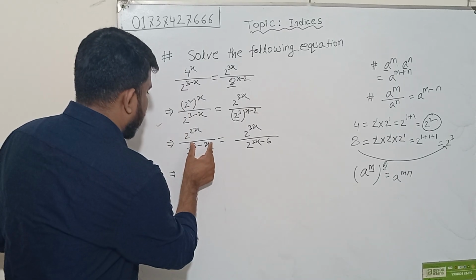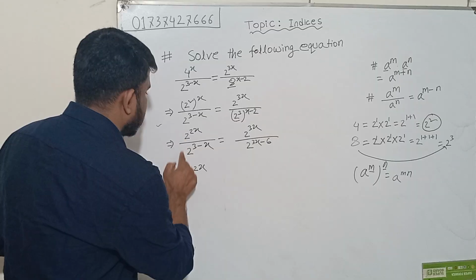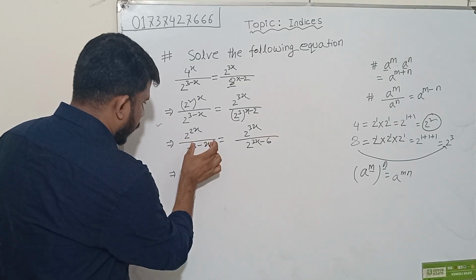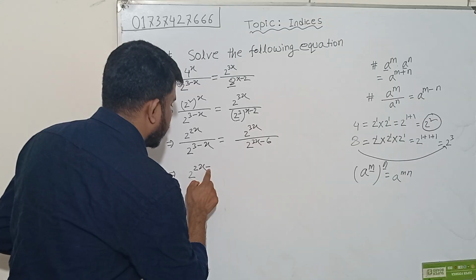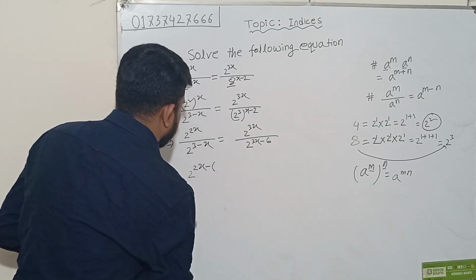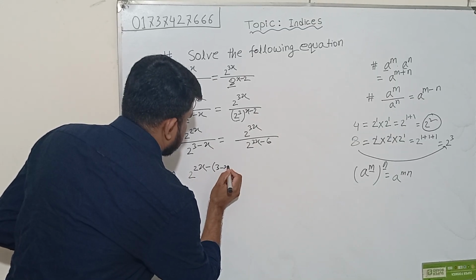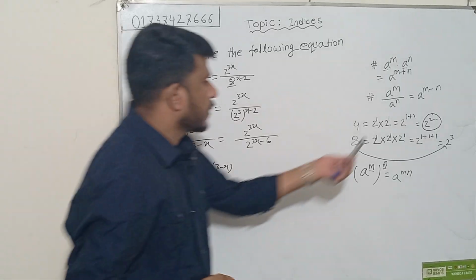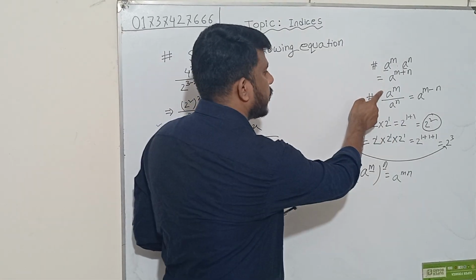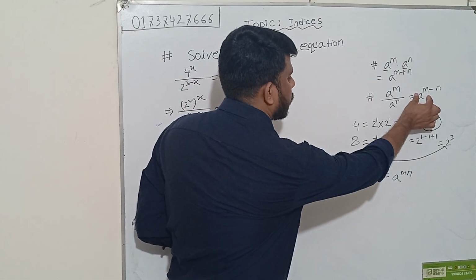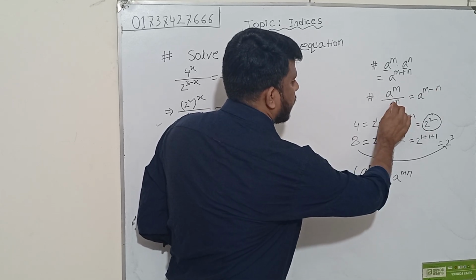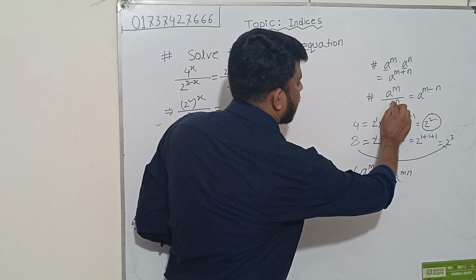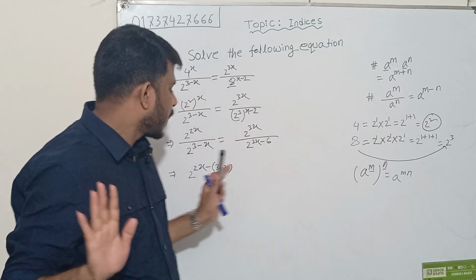Since the bases are the same, if I transfer this power outside, we have to take minus and then 3 minus x. This is the formula: there is a to the power m, first of all we take here, and this here minus n. If this is plus it will be minus n, if minus it will be plus n. Okay, got it?